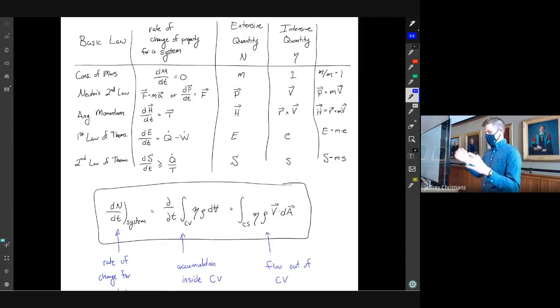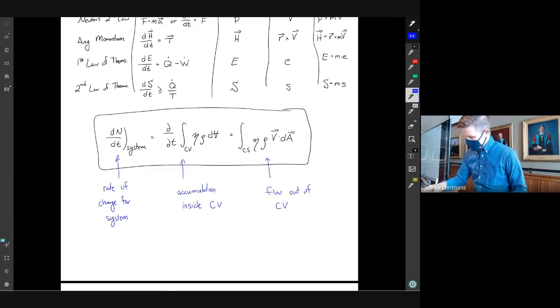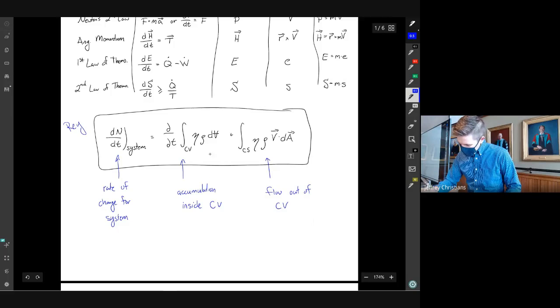This table will help us map each of these individual laws down into this framework. We call this the Reynolds transport theorem.